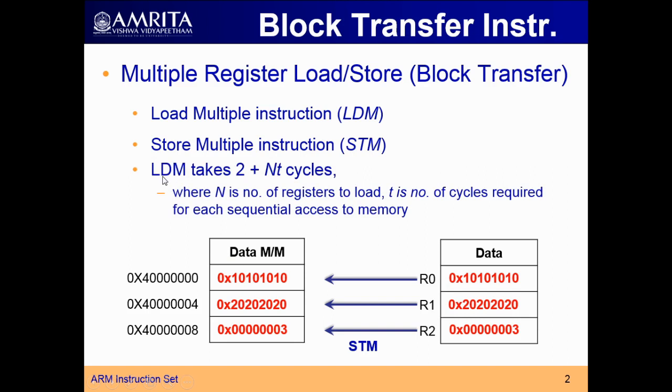You should keep in mind that both load multiple and store multiple take multiple CPU cycles. It is not a single cycle instruction. Load multiple, for example, takes 2 plus n times t cycles, where n is the number of registers to be loaded. In this case, the number of registers to be loaded is 3, and t is the number of cycles required for each sequential access to memory.